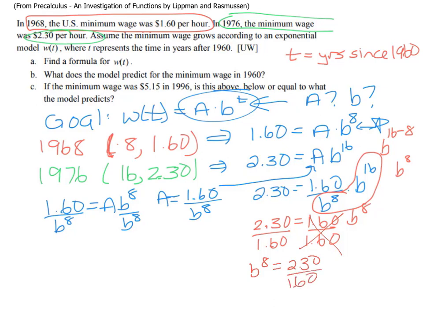I need just B, so I have to get rid of this exponent of 8. The way I can do that is I can take the 8th root of both sides, and I get B is the 8th root of 2.30 divided by 1.60.